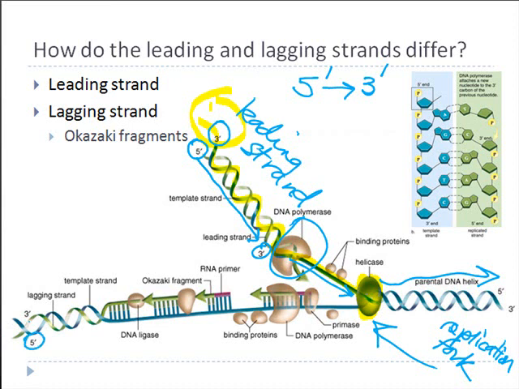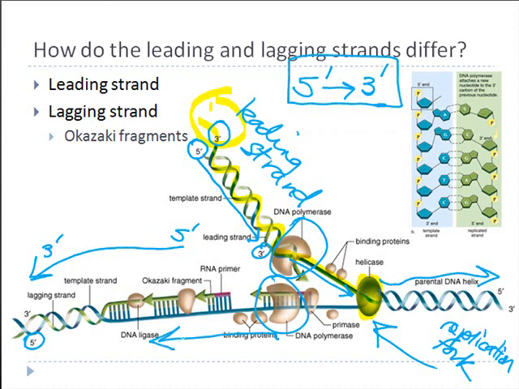That complicates things because remember, DNA synthesis has to begin at the new strand's 5' end and move toward the newly synthesized strand's 3' end, which means in this case down here we have to be moving this way as we synthesize. The problem with that is that you will notice as DNA polymerase here hooks onto the parent DNA and begins synthesizing in this direction, it is moving away from the replication fork.